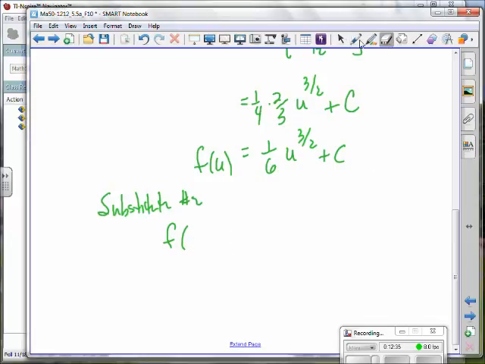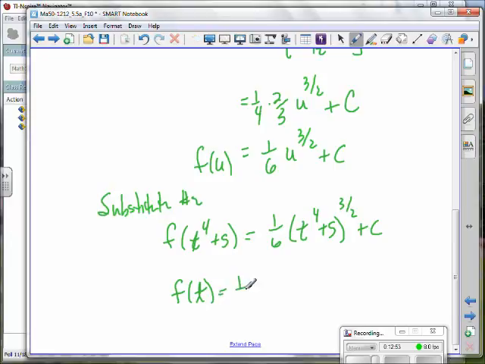What does u represent? t to the 4th plus 5, and we're going to have to use that, and then I'll just say f of t equals this.